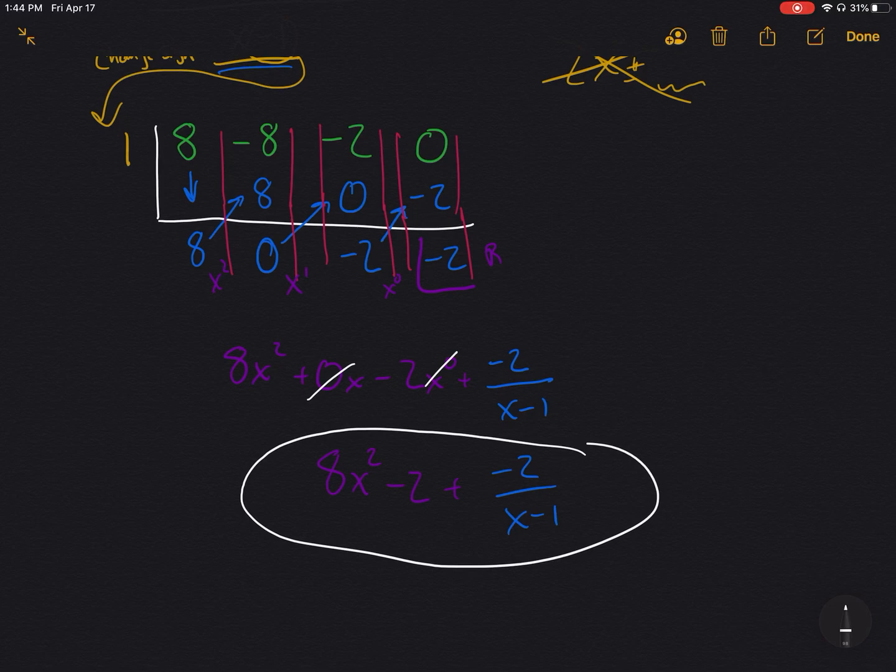The short story is, if you do synthetic division and there is no remainder, then what you were dividing by is a factor. I will cover that in a little bit more detail in another video, so keep your eyes out for that one.